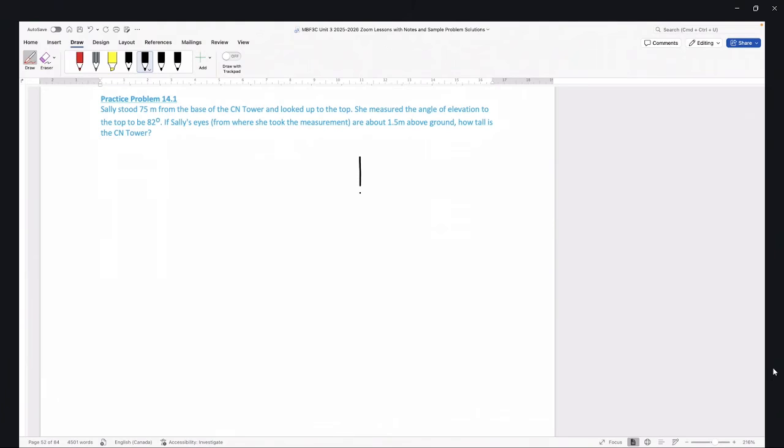I'm just going to draw the CN Tower, and it's got a ball on it right here. I'm not very good at drawing, by the way. So that's the CN Tower, believe it or not. 82 degrees, so she's standing from the base of the tower right here, and she's looking up at the top.